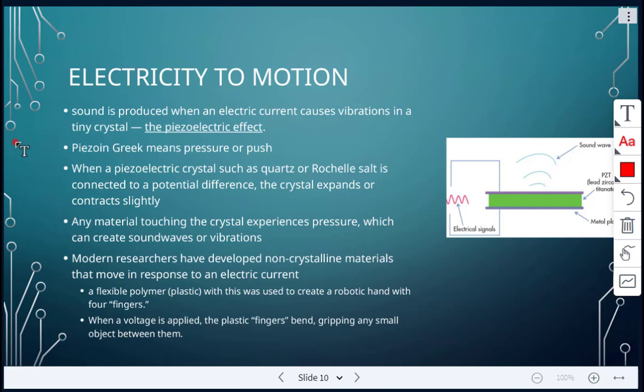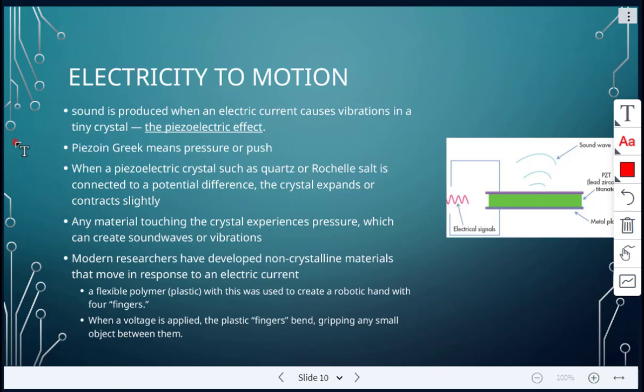So there are crystals that have this effect. So when a piezoelectric crystal, such as quartz or Rochelle salt, is connected to a potential difference, the crystal will expand or contract slightly. And then any material touching the crystal experiences pressure, which then creates sound waves or vibrations.